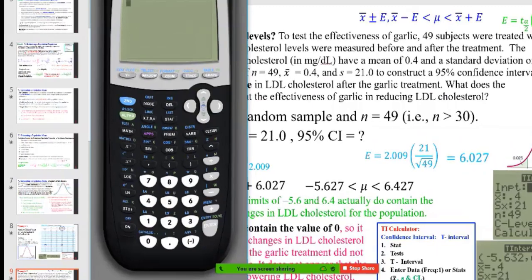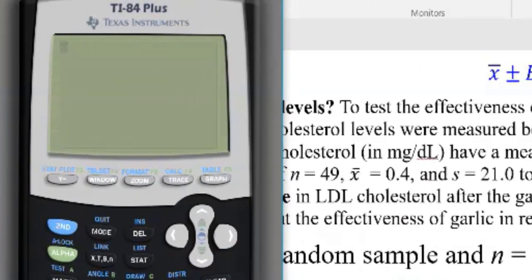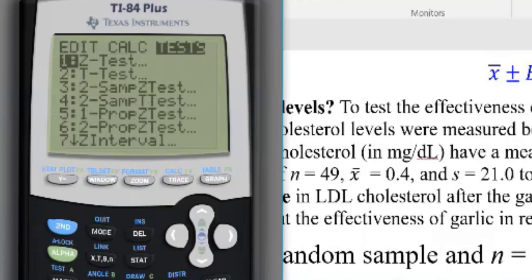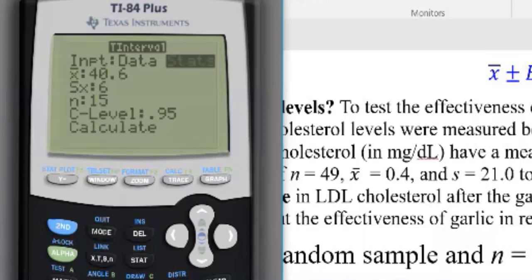And let's also quickly look at the technology. So what we want to do, we want to click on stat and we go to the right side, tests, Z test, T test. Okay, now everybody can see the T interval. Now you have a choice of using data over here or stats.